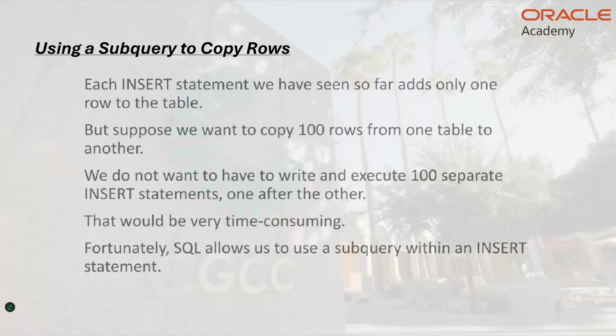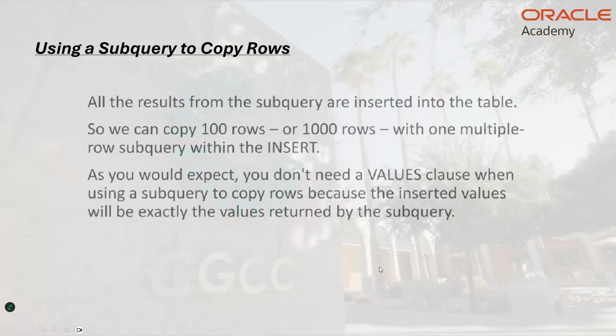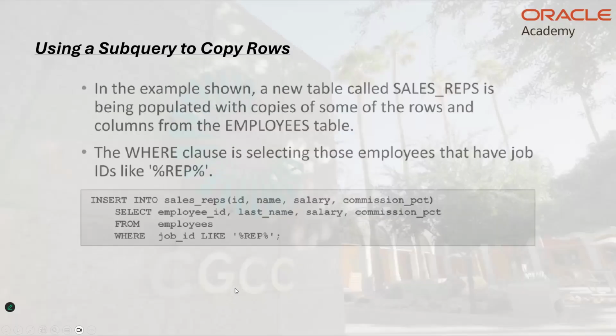So what if we want to create 100 rows, and we don't want to write 100 separate insert statements? You got it. We can use a subquery to do that. All the results from the subquery are inserted into the table, so we can copy 100 rows or 1,000 rows or 1,000,000 rows with only one insert statement. And you're like, woohoo! That probably makes a lot more sense.